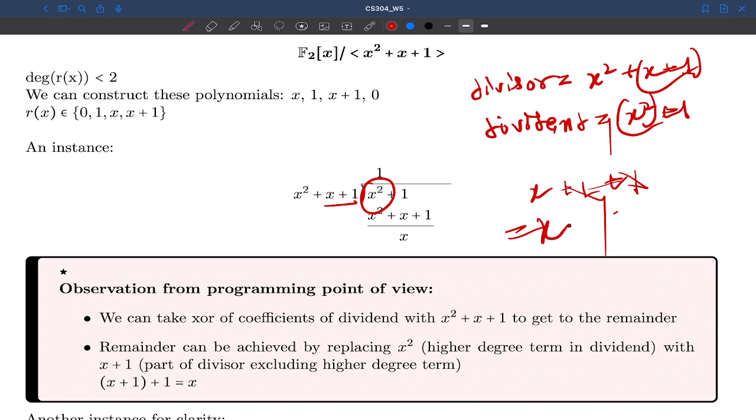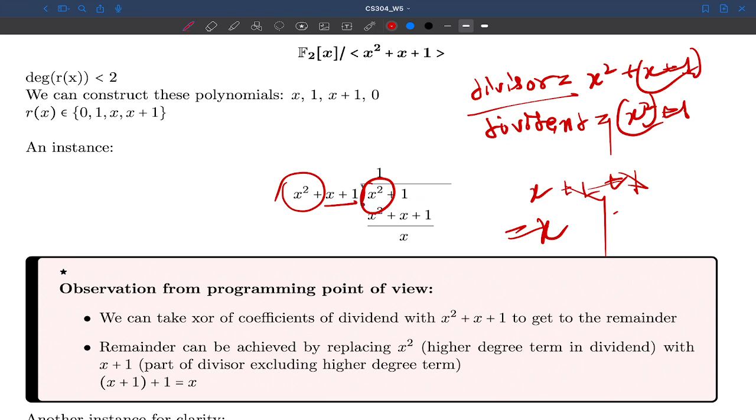So what exactly I did here is that you have the divisor. In the divisor, look for the highest degree term. What is the highest degree term here? x square, so the highest degree is 2. Look for the same degree in my dividend.